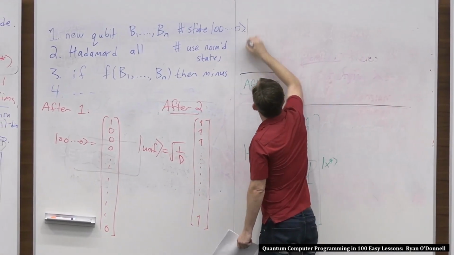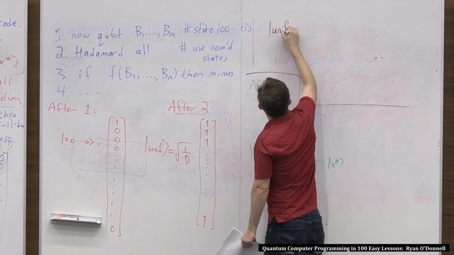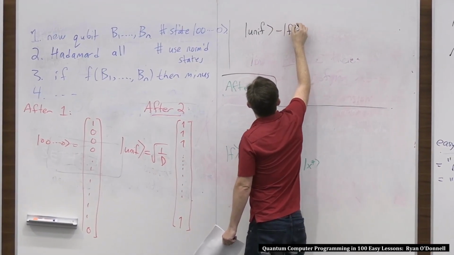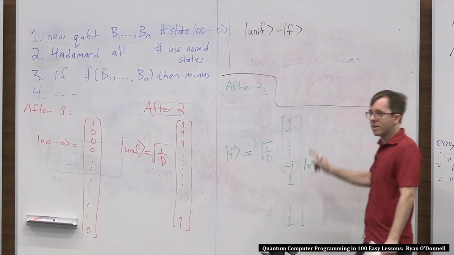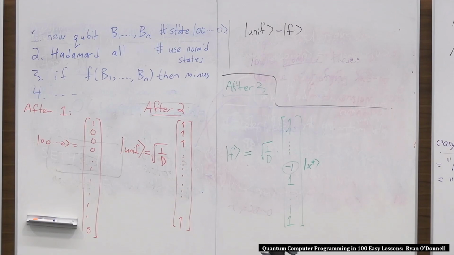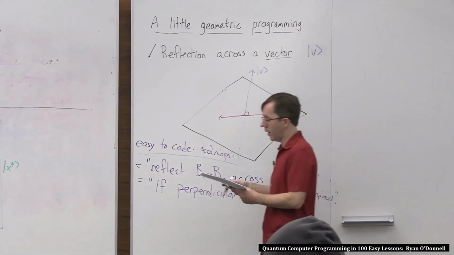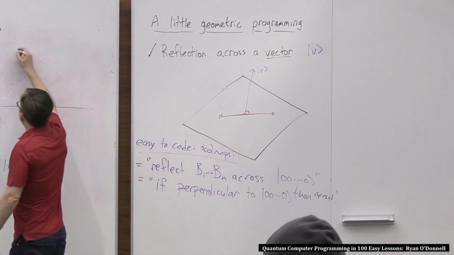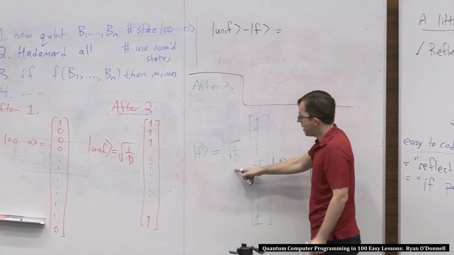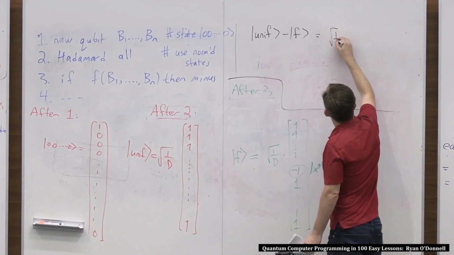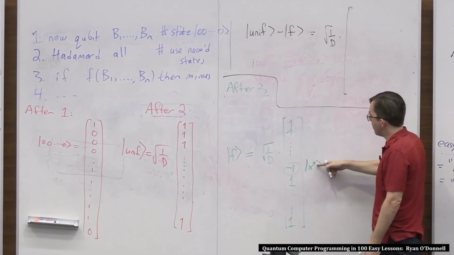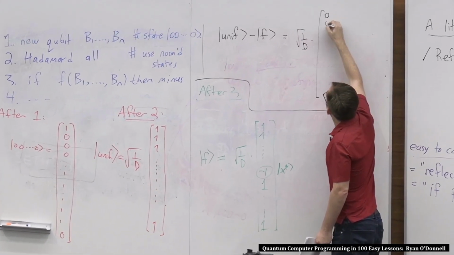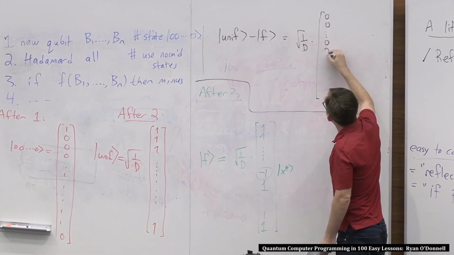Let's look at unif minus f. These are all state vectors, all unit length vectors. This difference is not going to be. It's going to be an extremely tiny vector, but I nevertheless want to consider it. What does it look like? The scalar square root of 1 over D can stay. And then it's 0 in almost all entries, except the x star entry, where it's 2.